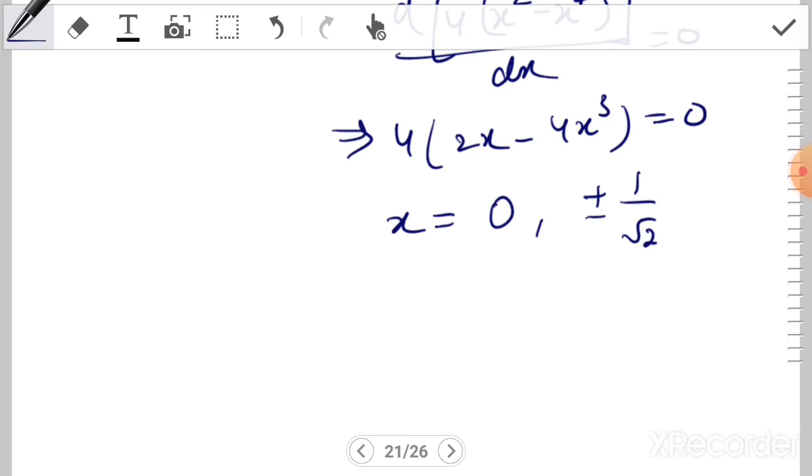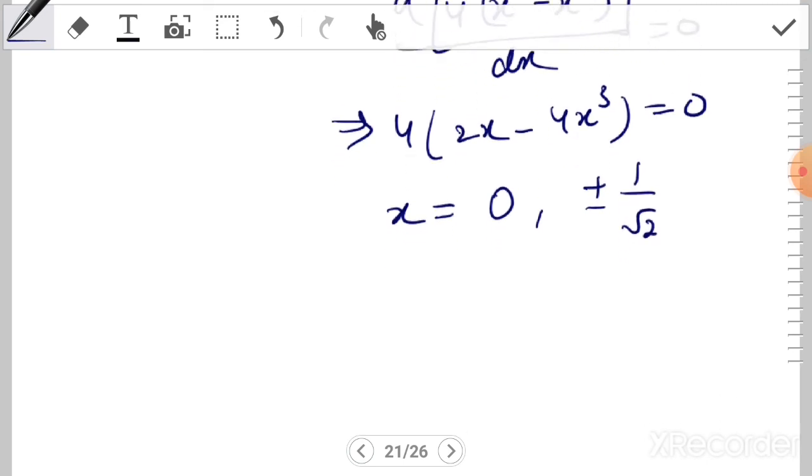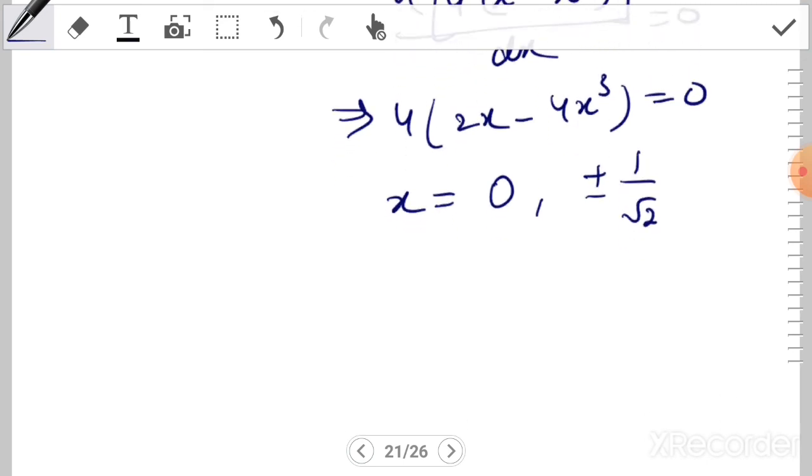Now for maximum area, obviously x cannot be 0, so we can take the value plus 1 by root 2. Then y will be equal to plus minus 1 by root 8.